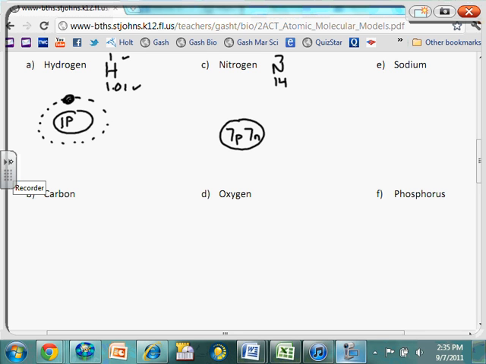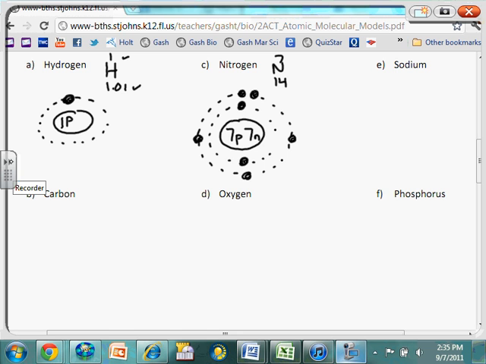If there are 7 protons, there must be 7 electrons. The first 2 electrons go in the first shell. The first electron shell always holds 2. That means we need to fit 5 more in the second shell: 1, 2, 3, 4, 5. Okay, so that's how nitrogen would look.